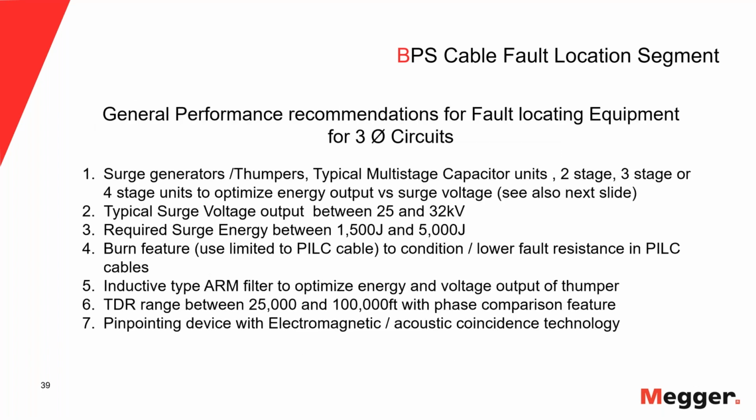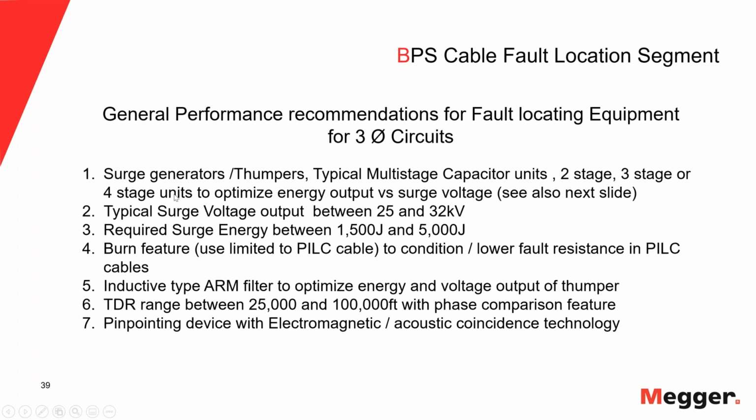Okay, so maybe as a finishing slide, these are general performance recommendations for fault locating equipment for three-phase circuits, whether industrial or network type systems. The surge generators, which are an essential part of any fault locating equipment, should preferably be multi-stage units, 2-stage at least, 3 or 4-stage, depending.